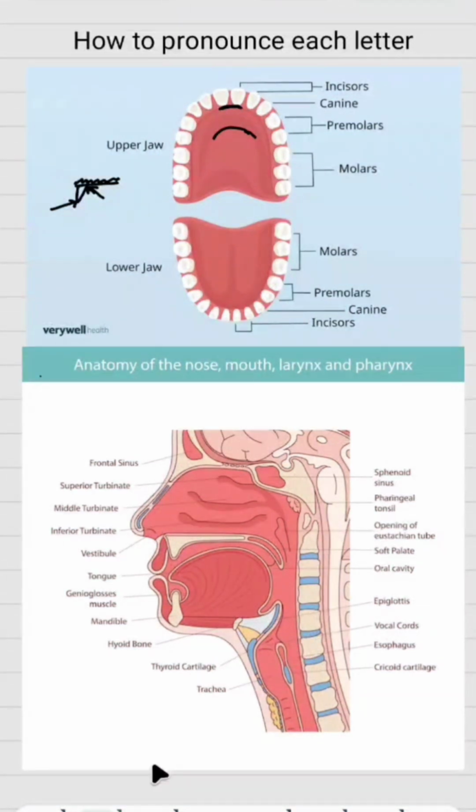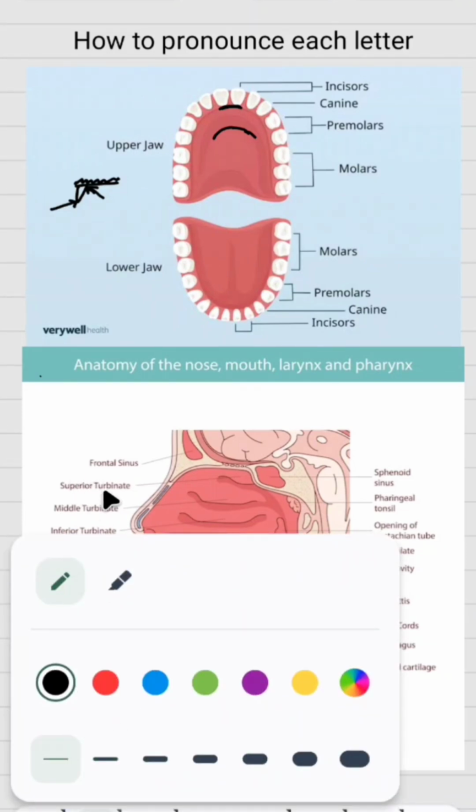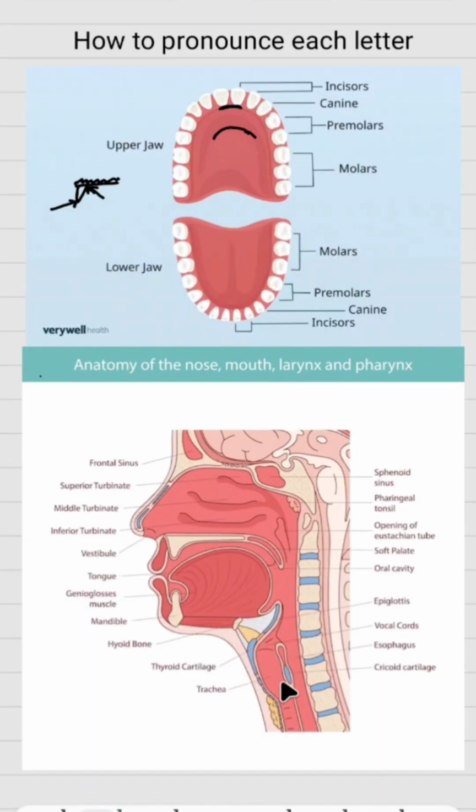If you look at this bottom diagram, this area is where you have your larynx, also known as the voice box, and it's where the sound of your voice comes from. You force air out of your lungs, and it gets transformed into actual sound in the larynx here.